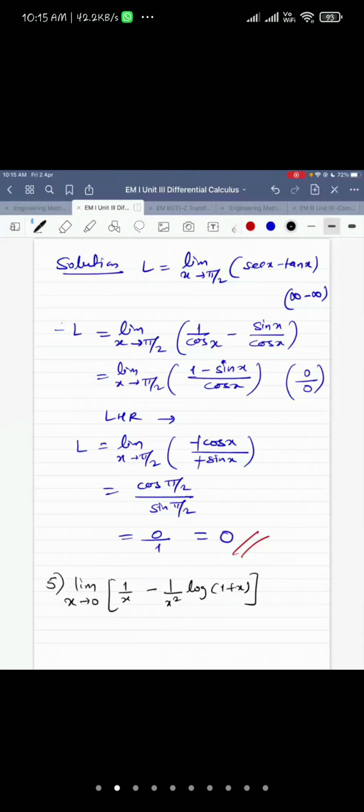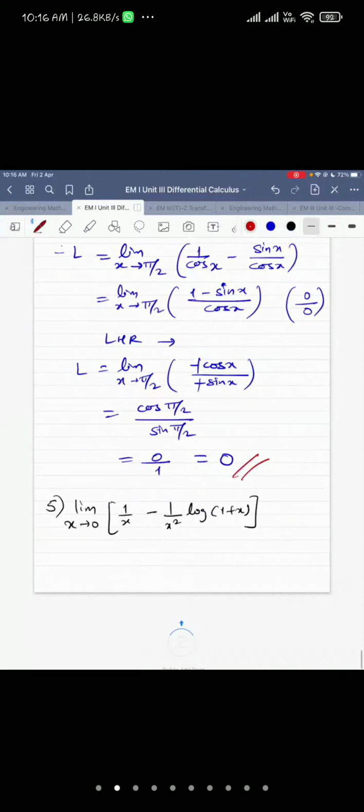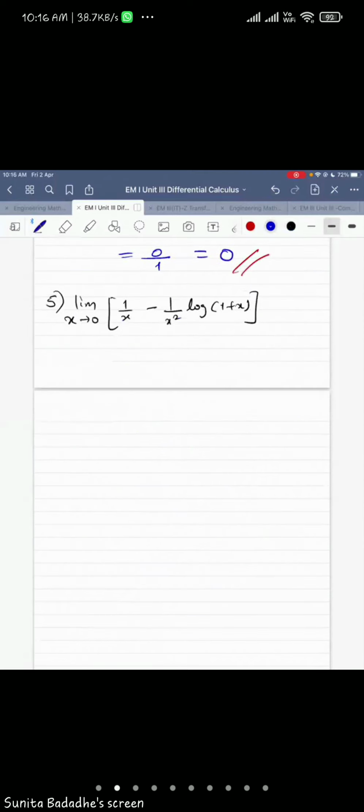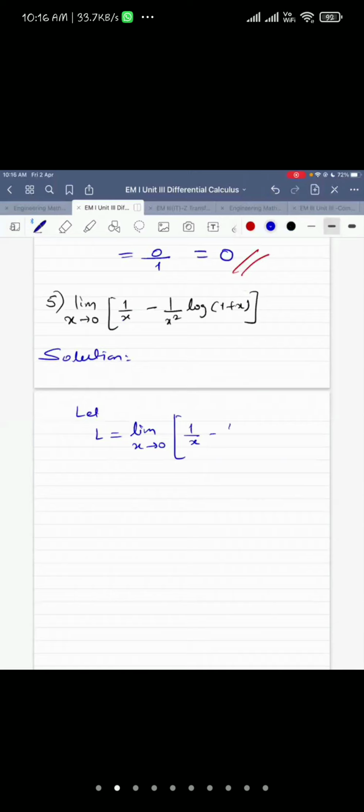This is the given question. Now check the form. In which form is it? Let us check it. First of all, you start the solution by defining L equal to. This is my regular way of writing the solution. So 1 by x minus.